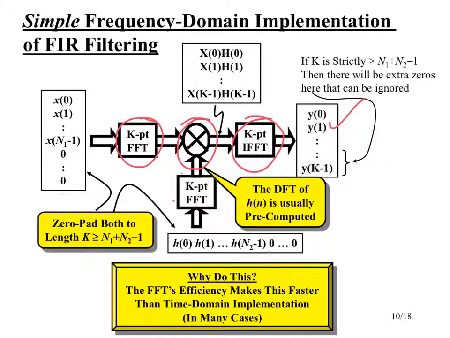Now, if we picked k strictly greater than this number, there will be some zeros at the end, and we can ignore them. So however much k is bigger than N1 plus N2 minus 1, that's how many zeros we'll have at the end that can be ignored. So you can throw those away if you want, or you can just leave them there and they're valid.